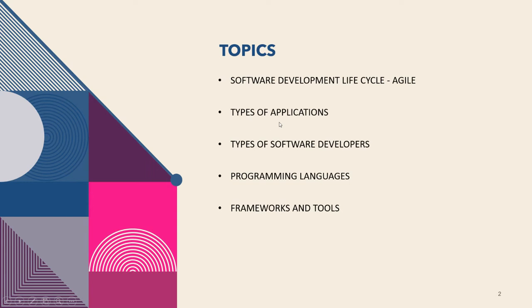Based on different specialities required, there are special skills required, obviously, for developing these types of applications. That's why even software developers are divided into a number of types. So we'll discuss what those types of software developers are, and at the last, based on all these, we'll easily get to the list of programming languages, frameworks, and tools. So let's kick off.